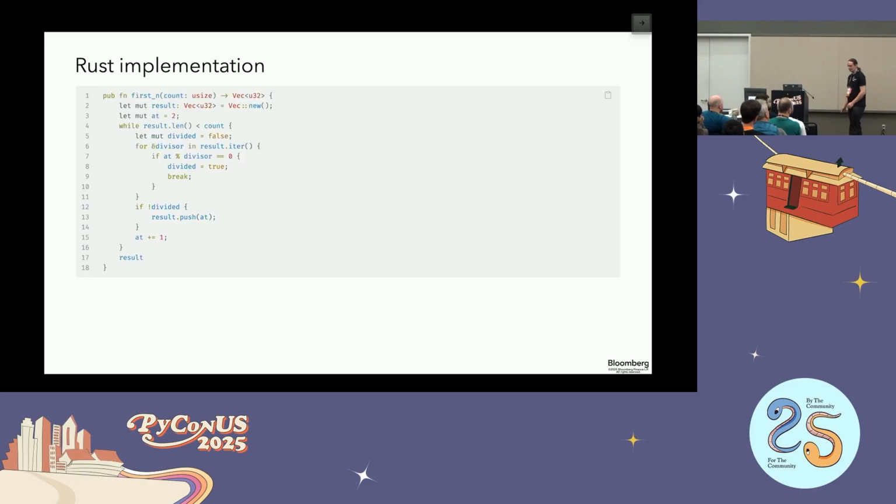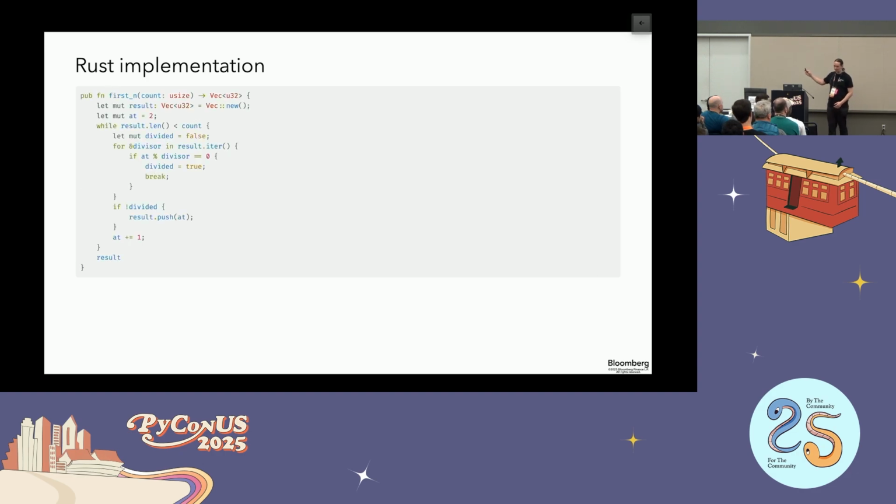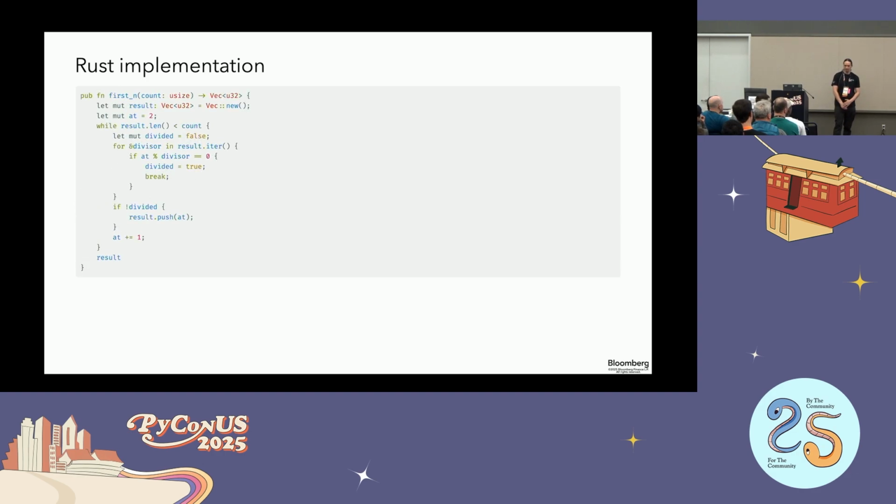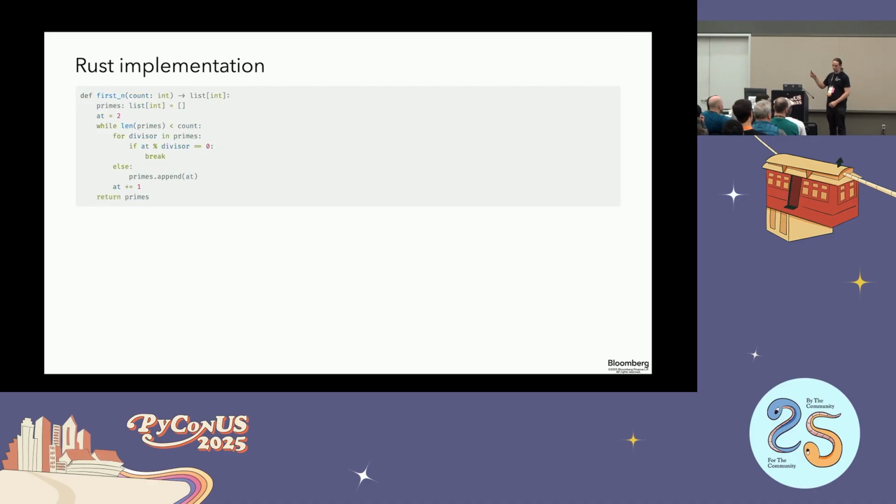And if it didn't, then at the end we're going to put it inside the list. So this is just a side effect that Rust doesn't have an else on your for loops. But otherwise, if I go back a bit, you'll see that it's just slightly more complicated. There are a few extra lines, but if you spend a few days playing around with it, you should be able to transfer most of your simple Python code into simple Rust code fairly easily.